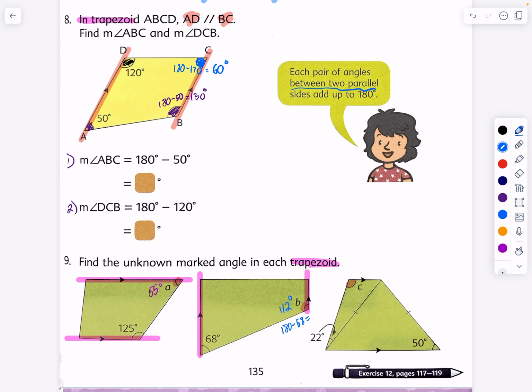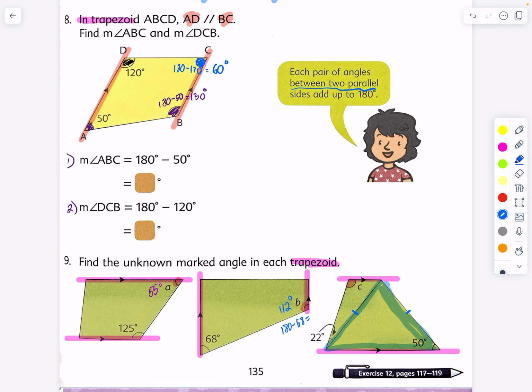We do have, let's mark the parallelism. We have the top side is parallel to the bottom side. There are multiple ways to take a look at this problem, but to find angle C, I think it's important to realize that we have two equal sides in this isosceles triangle right here.